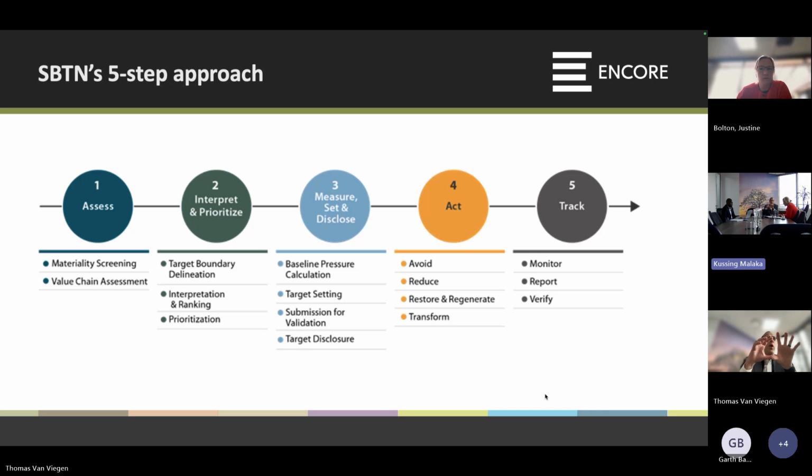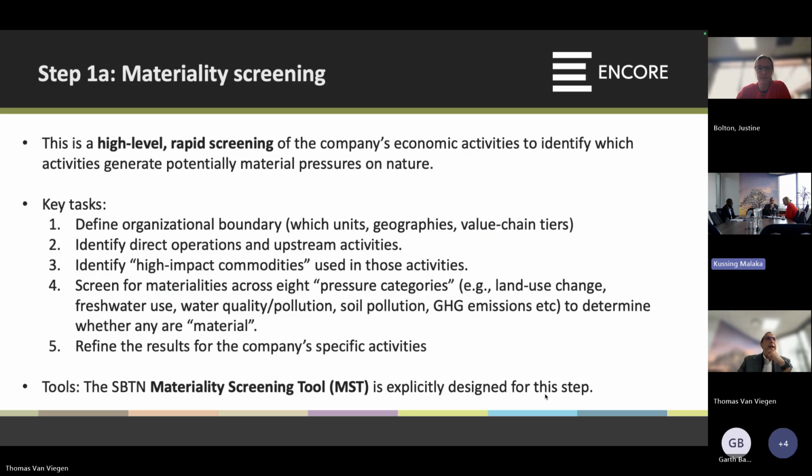So there's a little bit of semantic difference here: when we talk about Assess here, we're basically talking about the E phase in the TNFD. So that's the five-step process, step one, Assess, and then the materiality screening. We'll go into that.